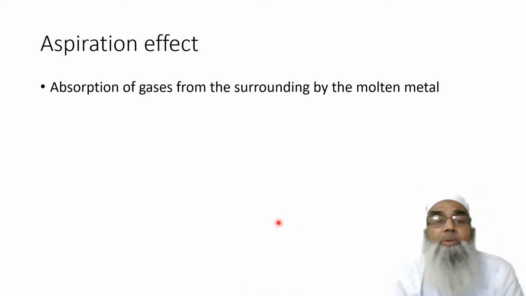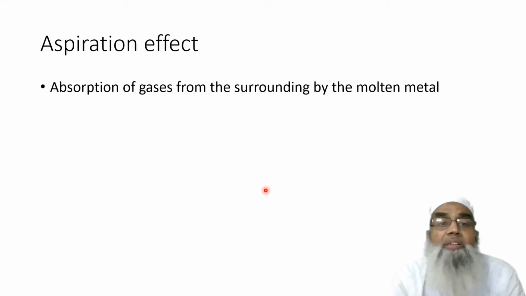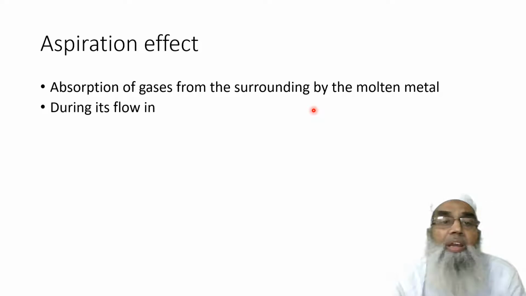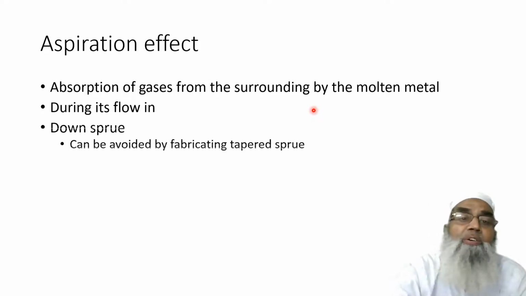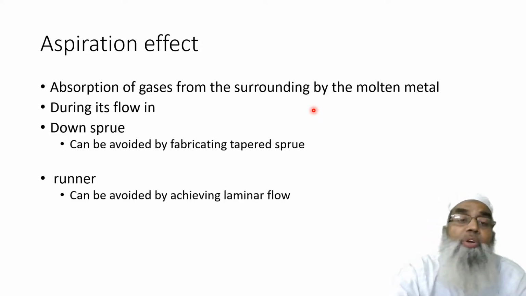Now when the metal flows in the cavity, absorption of gas from the surroundings takes place. During its flow, the aspiration effect occurs in the down sprue, and that can be avoided by fabricating a tapered sprue.